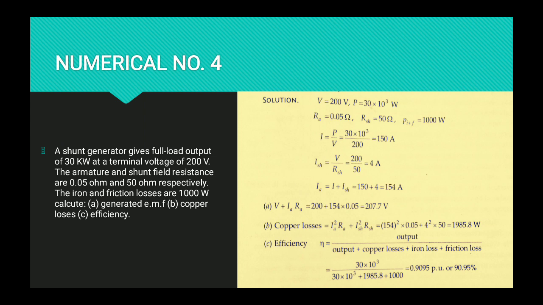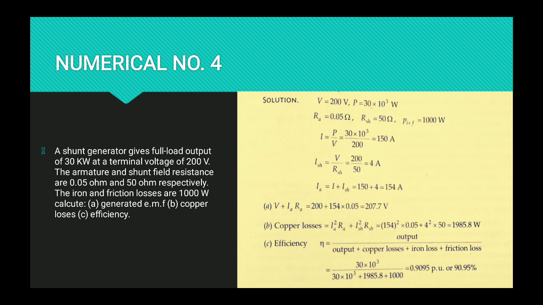Another is ISH square RSH, that is in shunt field winding. So equals to 154 square into 0.05 plus 4 square into 50. So total copper loss equals to 1985.8 watt.